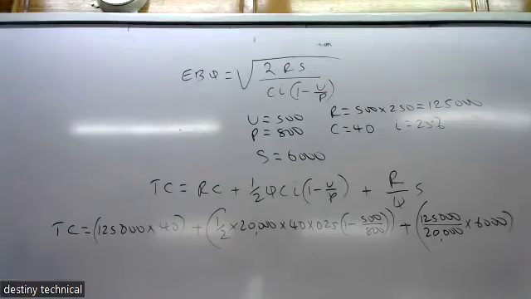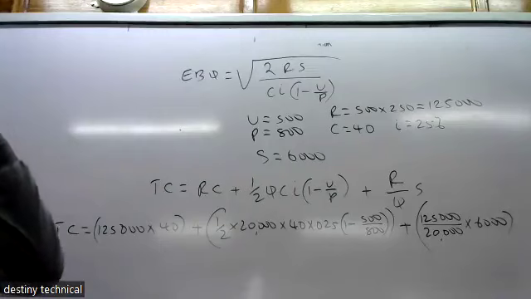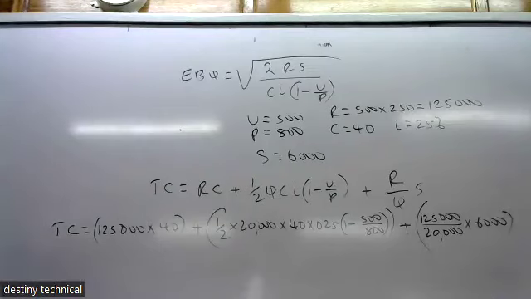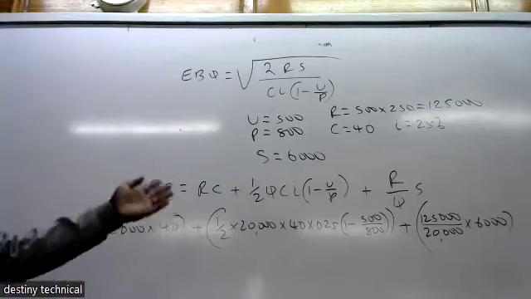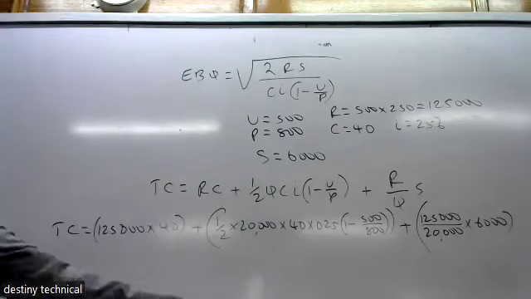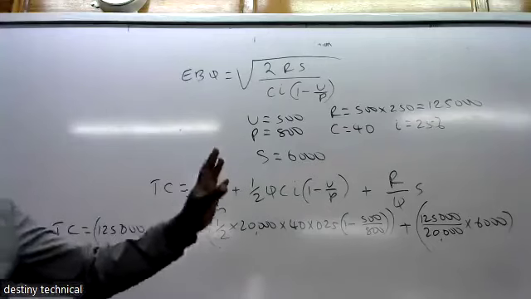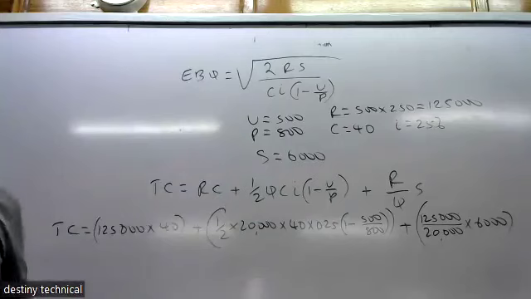So assumptions for economic batch quantity are the same as the ones for economic order quantity. I gave you assumptions for economic order quantity. So those assumptions will still apply because the formula is just the same. The only difference is that we have production and usage brought in. Otherwise, all the details were the same.